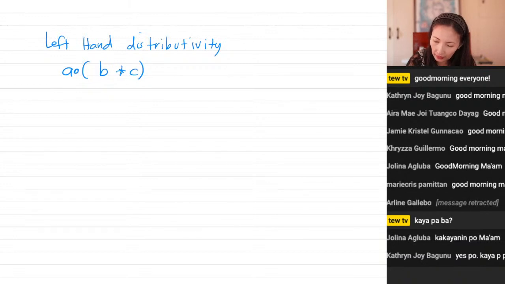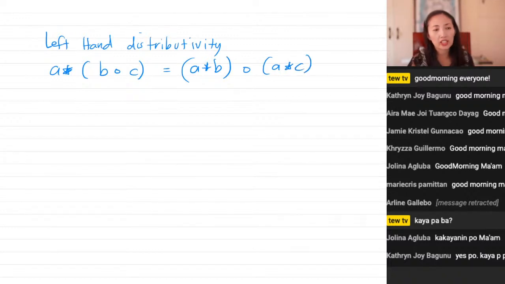The reverse, because our operations are multiplication and addition, is A star B circle A star C. That is the check for left-hand distributivity. So we can check on that.